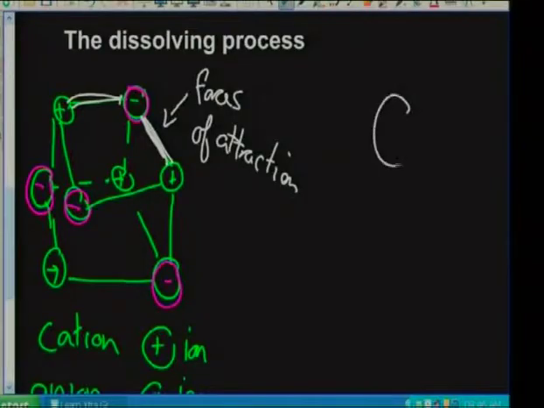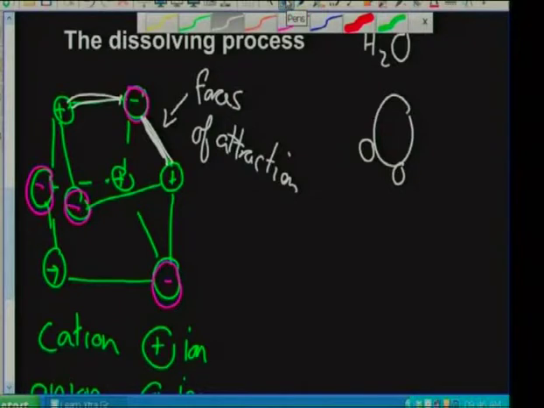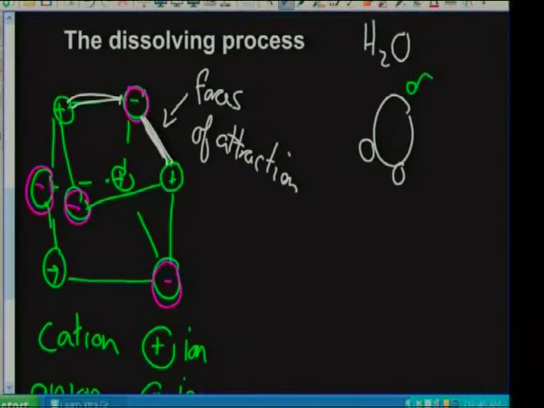We know that water has a chemical formula, H2O. It's got 1 oxygen and 2 hydrogens. The bonds here are covalent bonds. And in fact, this is a polar covalent molecule. We represent that by saying the electrons are not equally shared. At the oxygen end, there's a negative charge formed, and at the hydrogen end, there's a positive charge formed.